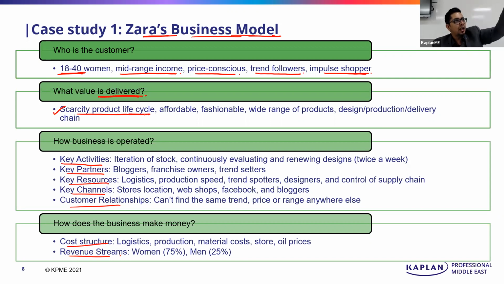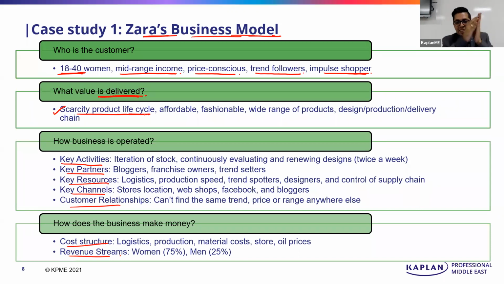If the customers like a particular design, they quickly give feedback to Zara's design team, and the design team quickly designs it. The production process is more automated, so things are produced so fast that it reaches the store within 14 days.